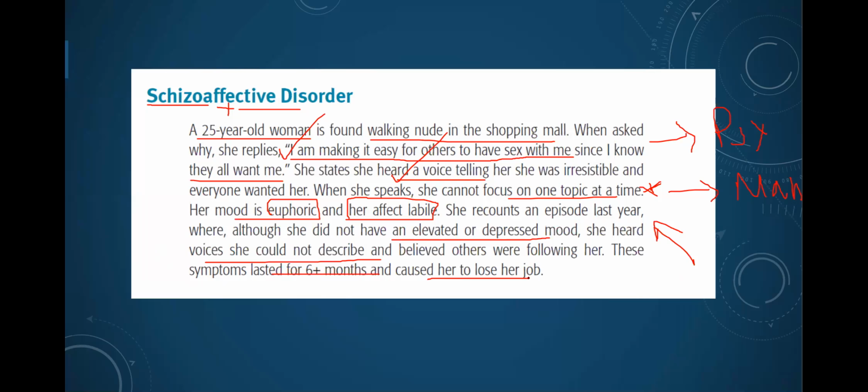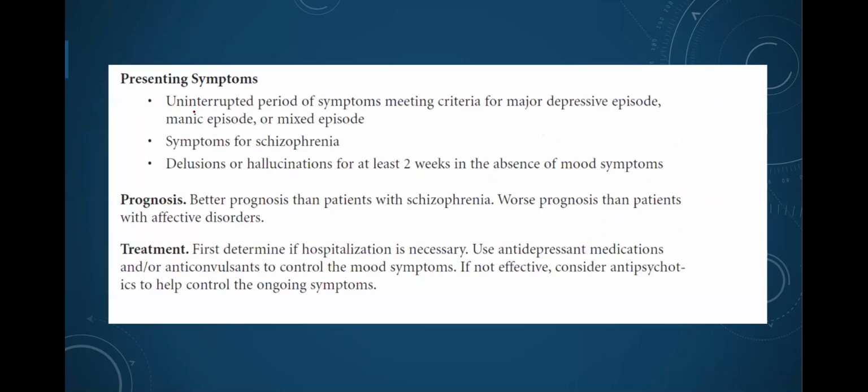So schizoaffective disorder, the symptom will be when a patient has both bipolar disorder features with features of schizophrenia, and on the top of that there is a history of delusion or hallucination for at least 2 weeks in the absence of any mood symptoms.